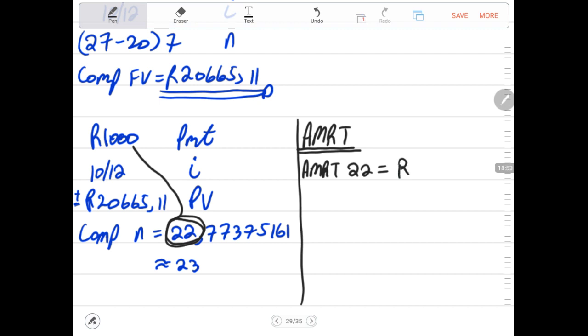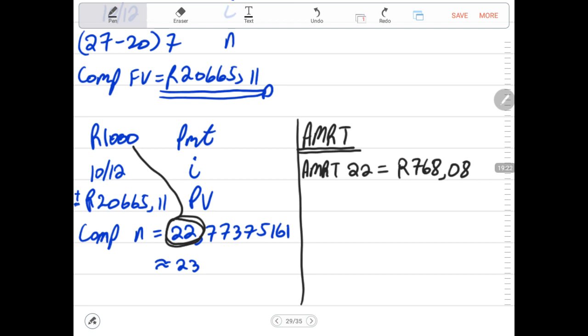Now we have a balance after the 22nd payment was made, which is 768 rand 08 cents. This is the balance after the 22nd withdrawal was made. Sorry for the error that I made previously.